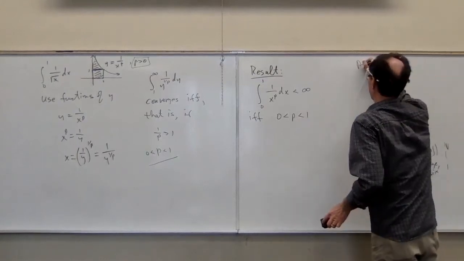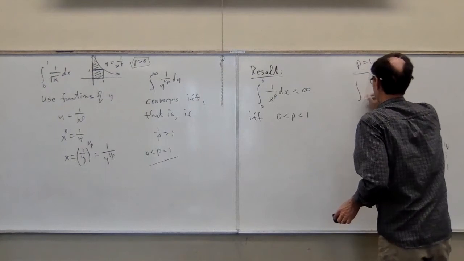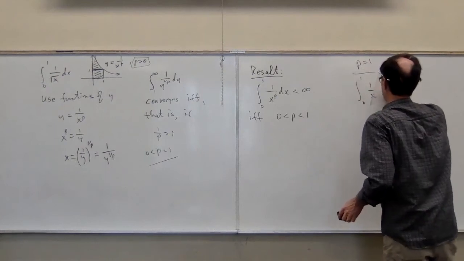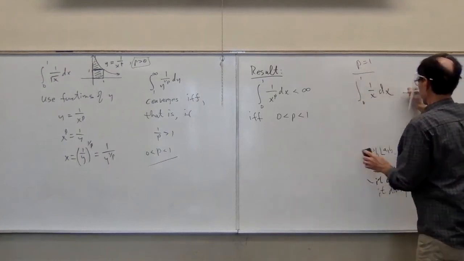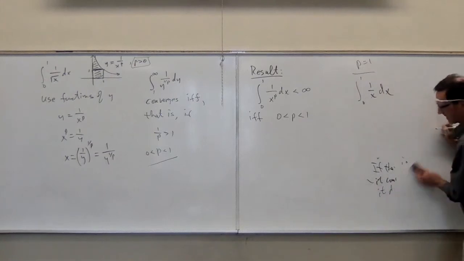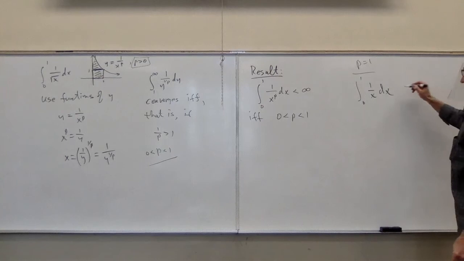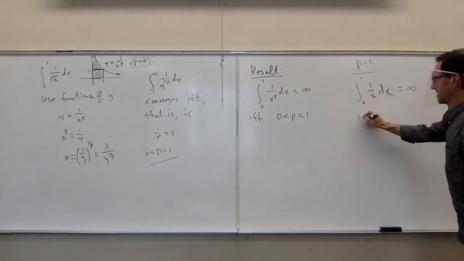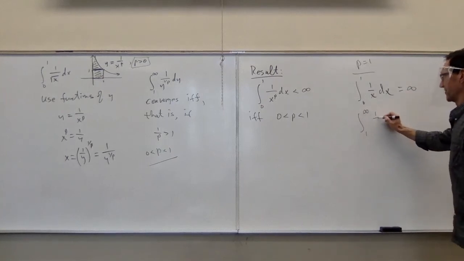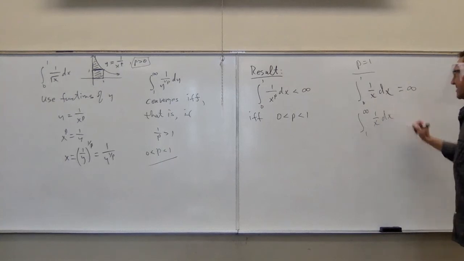Some results of that. If P equals 1, what about this guy? What did we decide about it? What's the value of P? 1. Good or bad? Converge or diverge? Bad. How about if we go from 1 to infinity, 1 over x dx?